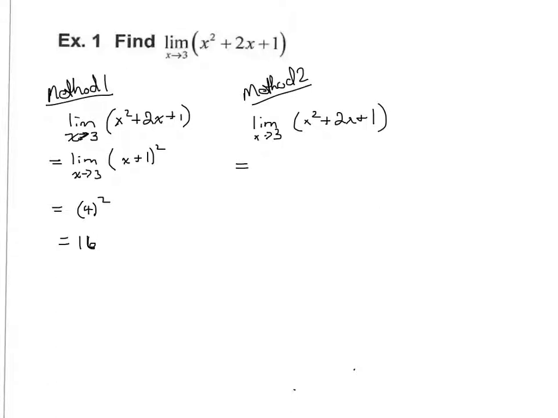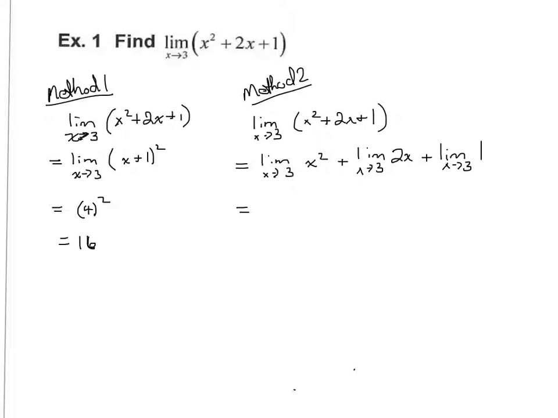Really what we're dealing with is the limit of x approaching 3 of x squared, plus the limit of x approaching 3 of 2x, plus the limit of x approaching 3 of 1. So we're thinking of it as broken apart into individual functions.